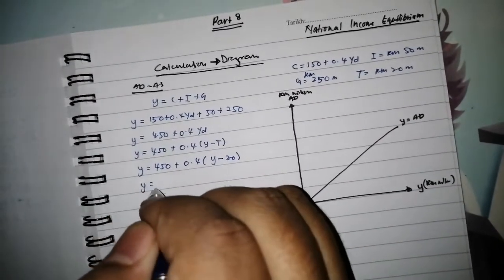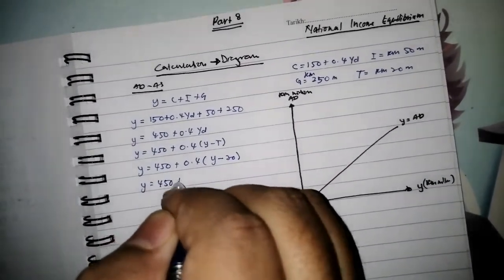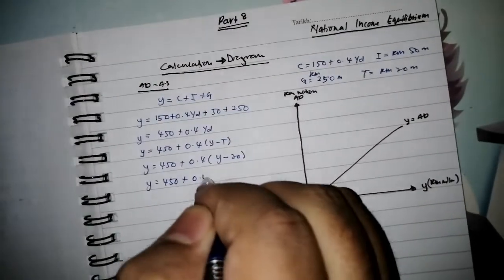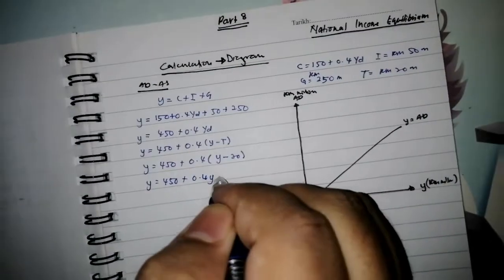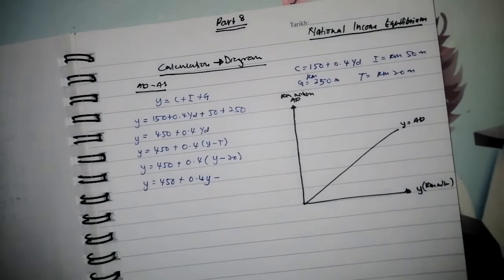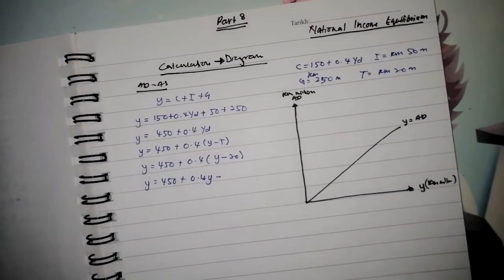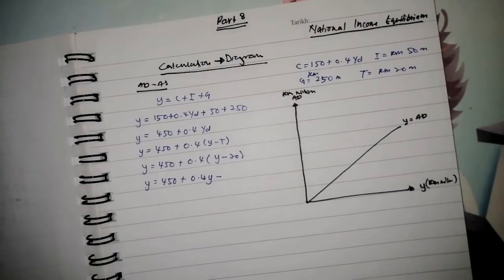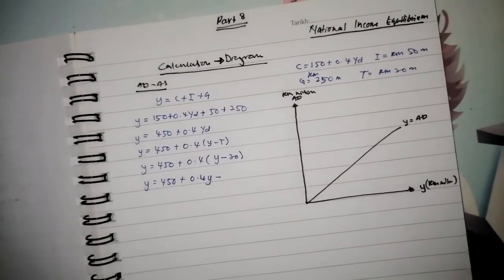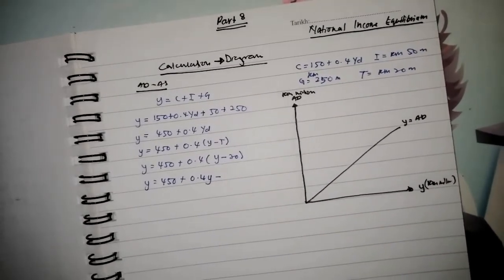Okay. Y equal to 450 plus 0.4 times Y, 0.4 times 20, get 8.